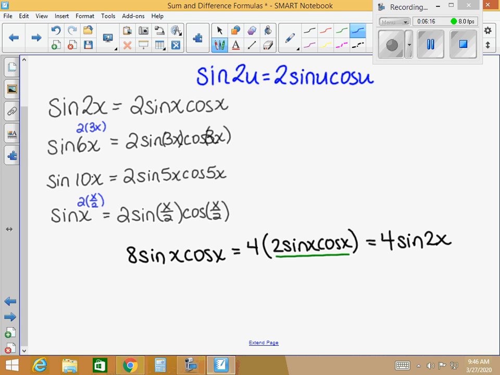So these guys are x's. So I'm going to double the angle and take 2 times x when I come over here. 2 times sine x cosine x is sine of 2x. Maybe I have 2 times sine 4x times cosine 4x.